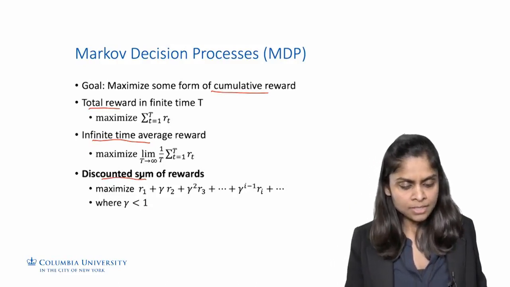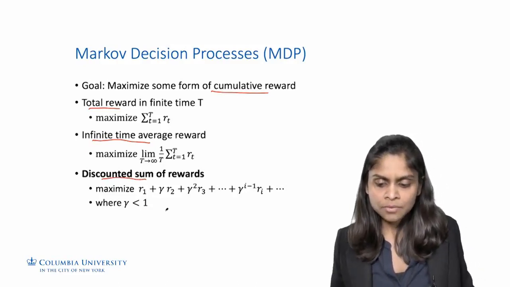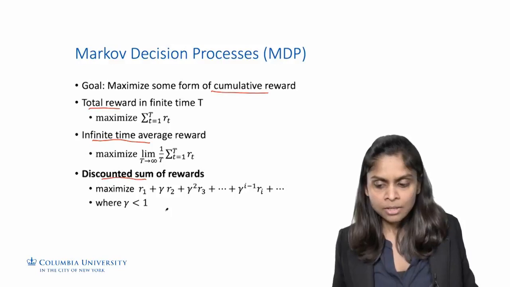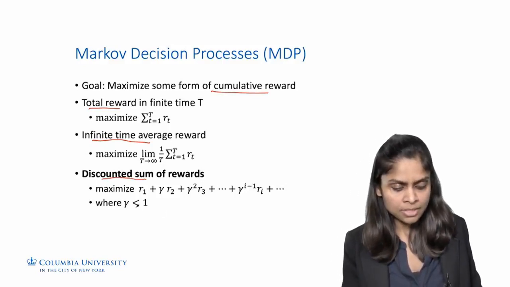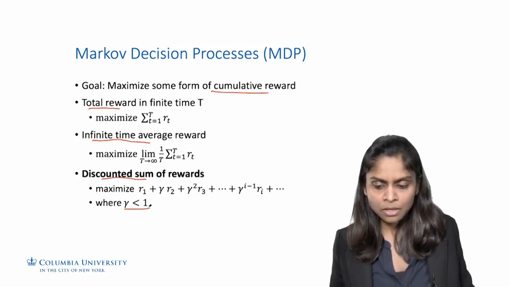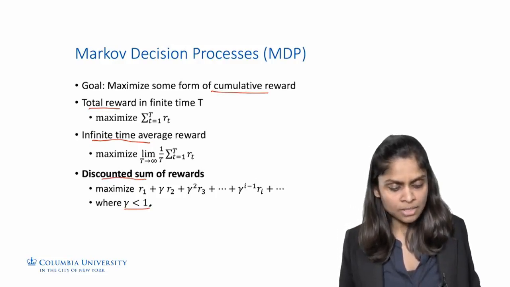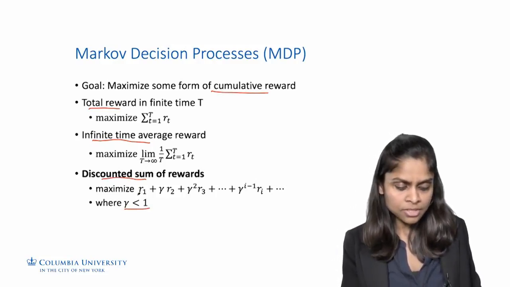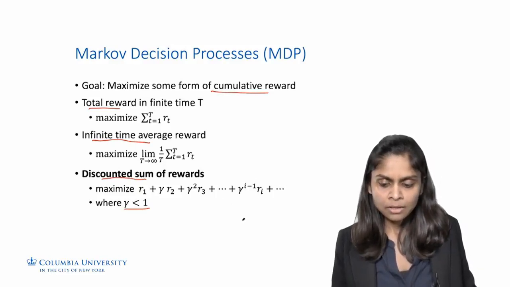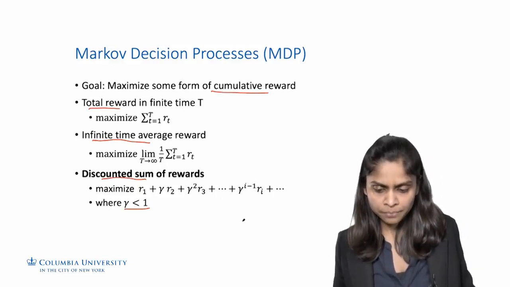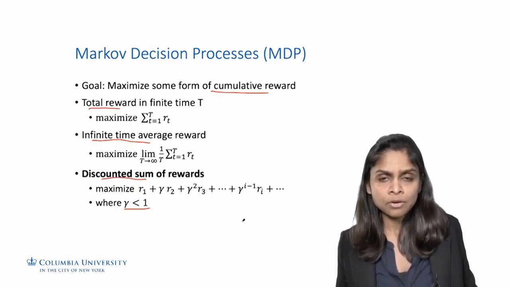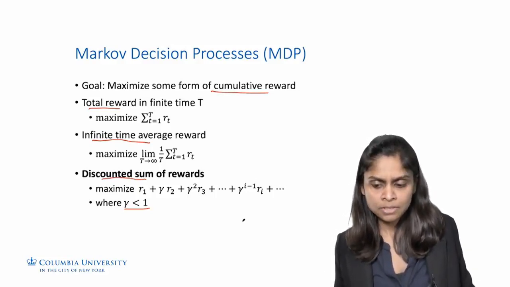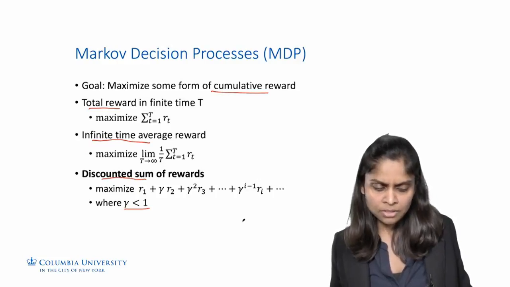And the discounted sum of rewards is the weighted sum of rewards where the weights decrease with time by a factor of some gamma less than 1. This essentially means that immediate returns are more valuable than those far in the future. Discounted sum of rewards is one of the most popular forms of goals used in MDPs. This is for many reasons.